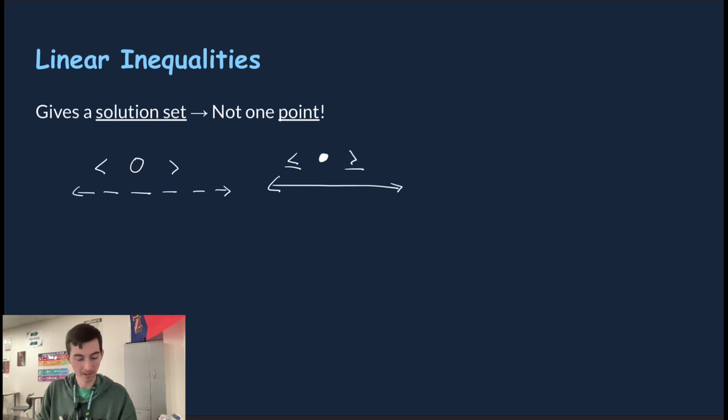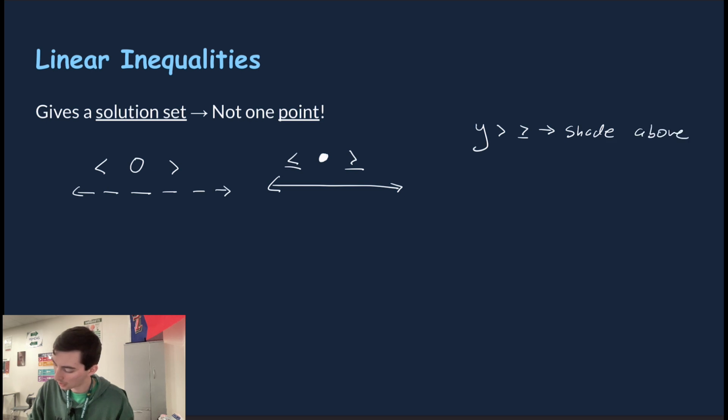The other thing we want to talk about is if we have y is greater than or equal to, we want to shade above the line. Anything above any equation with y is greater than or equal to, we call all of those solutions.